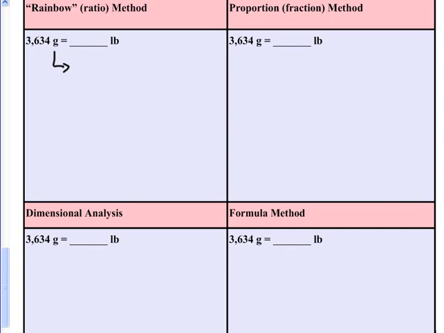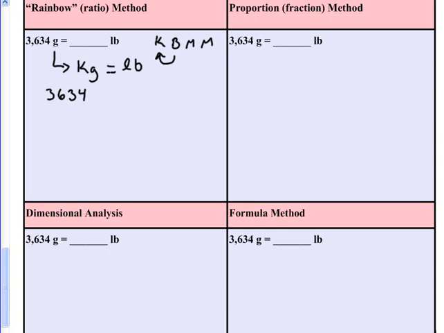First, we will change our grams to kilograms. Then we will be able to convert to pounds. In order to take our 3,634 grams and change it to kilograms, we have to remember what we know about the metric system. If we look at our 4 units, kilo, base, milli, micro, we can see that to change from a gram to a kilogram, we need to move our decimal 3 places to the left.